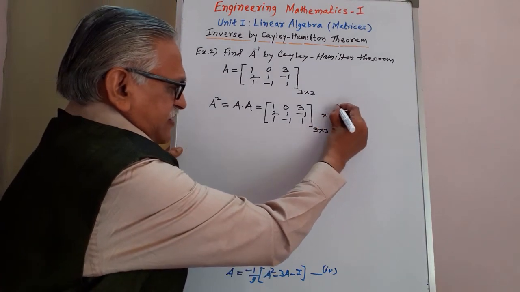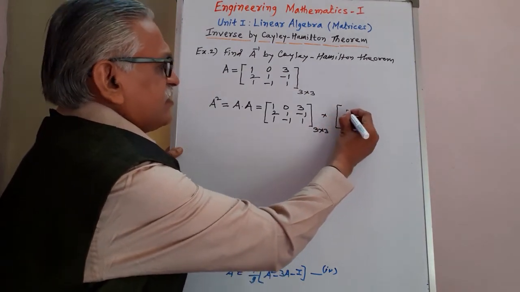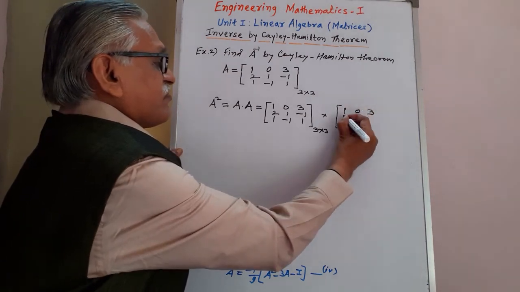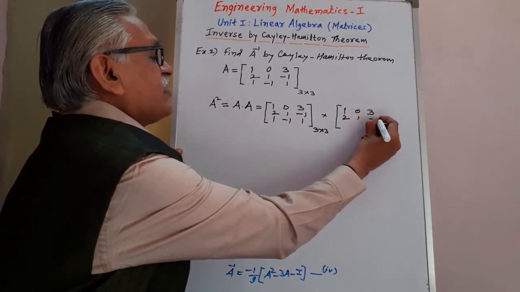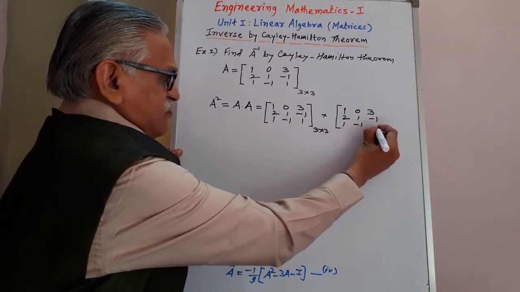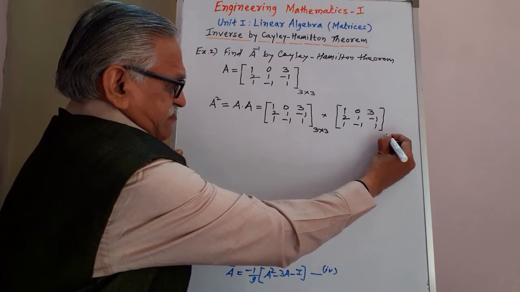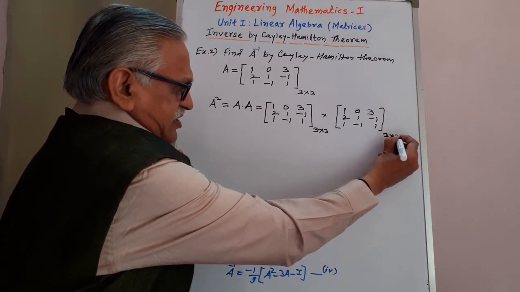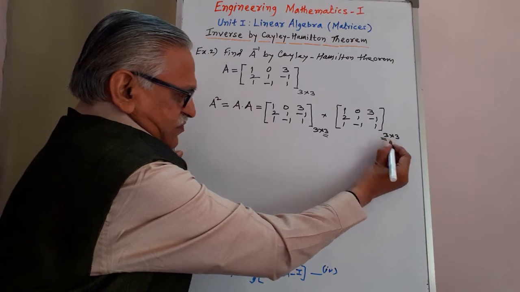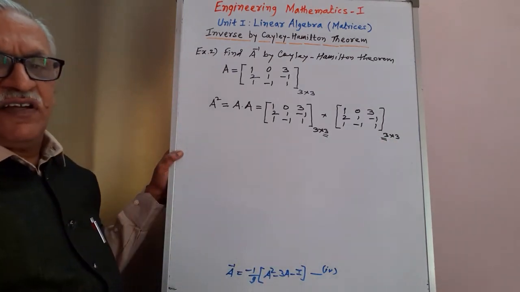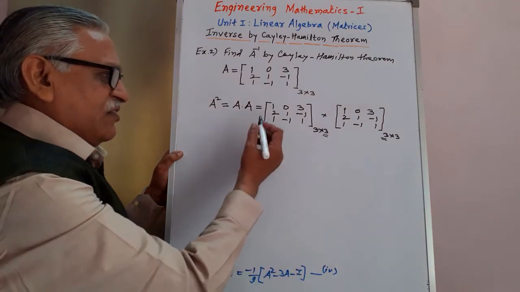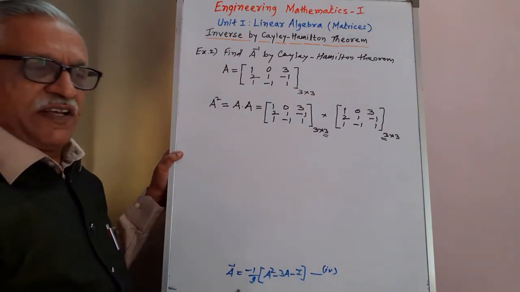This we have to multiply by the same matrix, therefore the elements are 1, 0, 3, 2, 1, minus 1, 1, minus 1, 1. The order is again 3 by 3. The number of columns of the first is equal to the number of rows of the second matrix, so that property is satisfied and we can take the matrix multiplication.